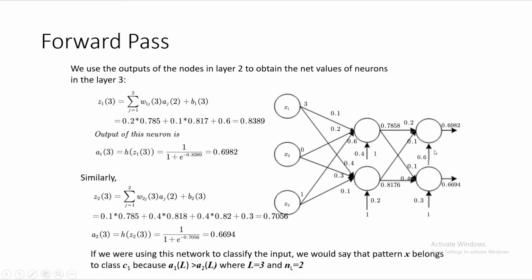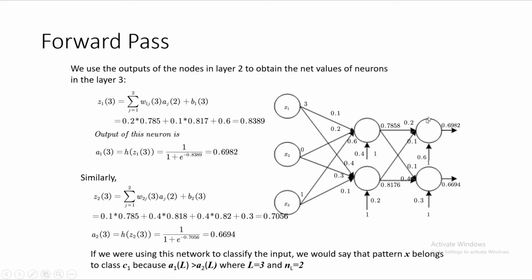tell us which class this input belongs to. We will compare the output values, and based on that we will decide which class it belongs to. If we are using the network to classify the input, we should say that pattern X belongs to class C1, the first class, if A1L is greater than A2L, where L is 3, the third layer, and NL, the number of nodes in the output layer, is 2.